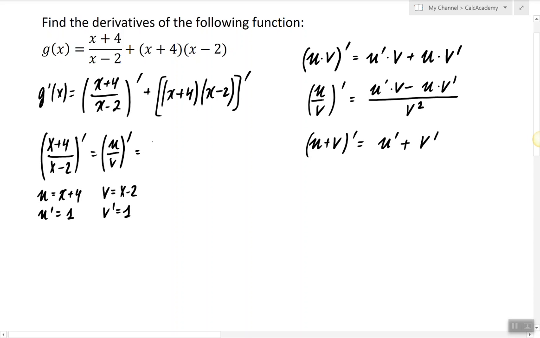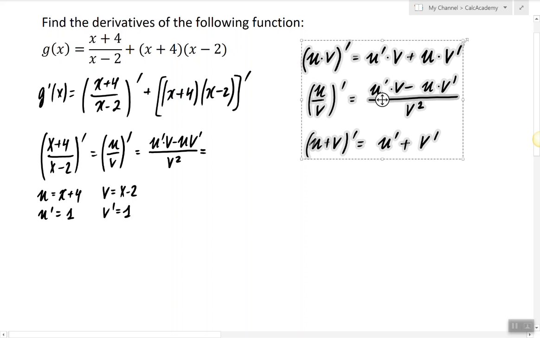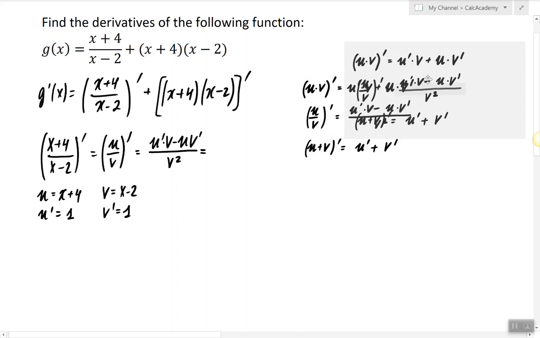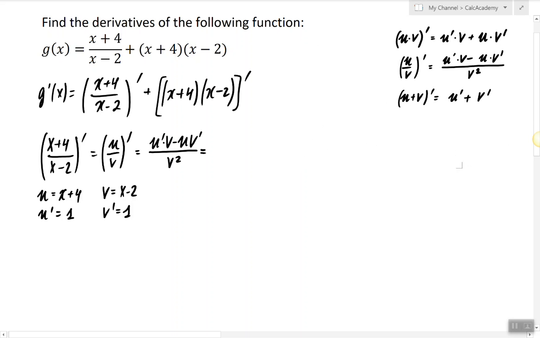So applying the quotient rule here gives us the following derivative for the given quotient. It's going to be 1 times x minus 2 minus x plus 4 times 1, divided by v squared, which is x minus 2 squared.